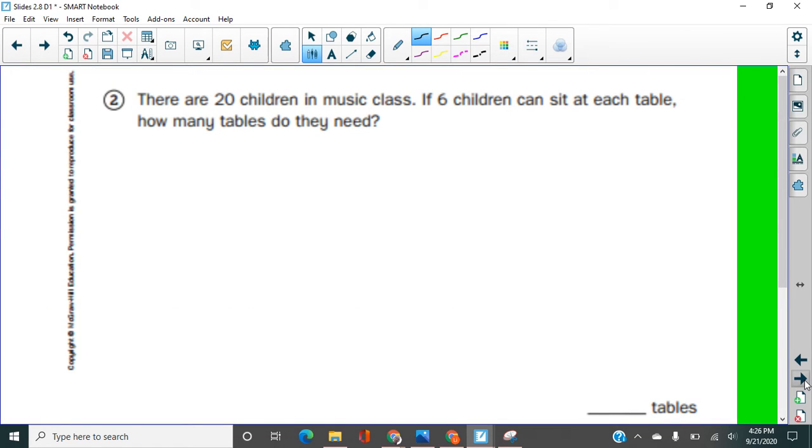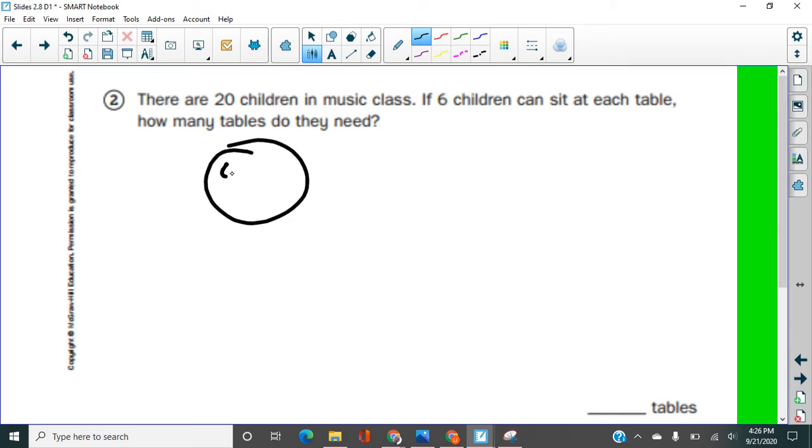All right, so let's look at this one here together. There are 20 children in music class. If 6 children can sit at each table, how many tables do they need? All right, what do you think I should do first? All right, I think that too. Let's draw a table.